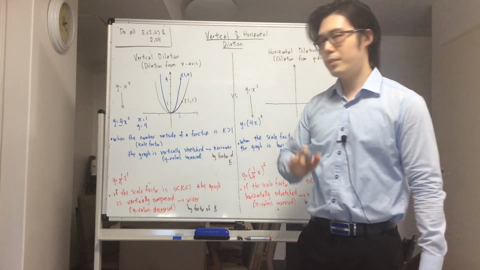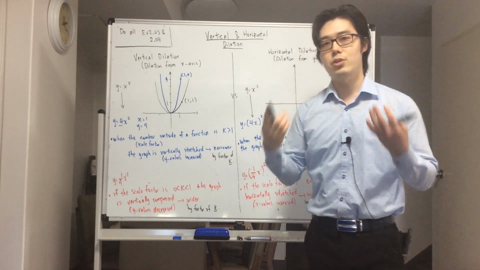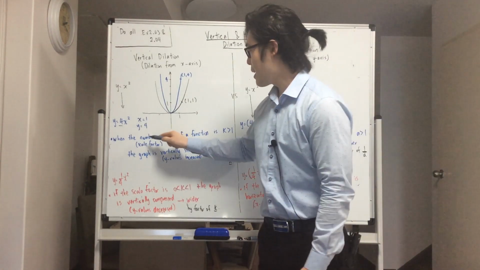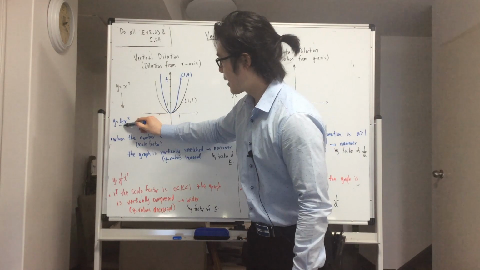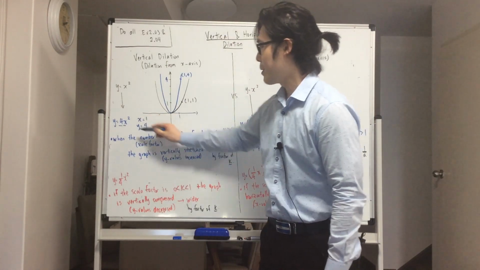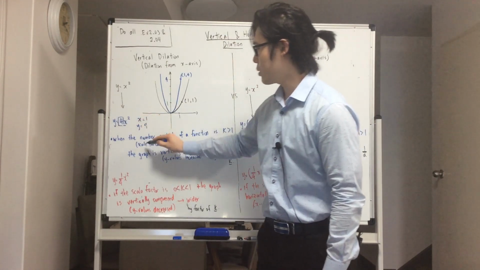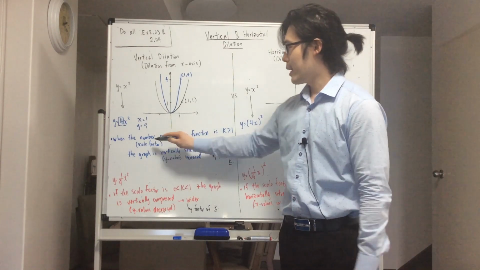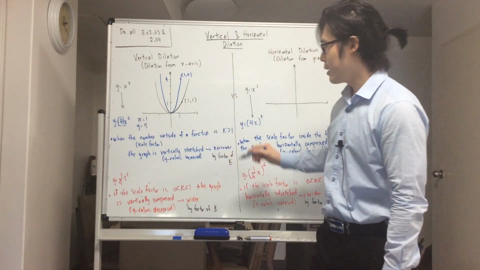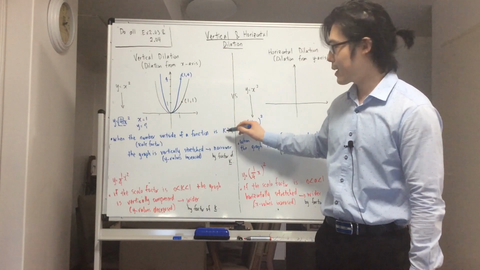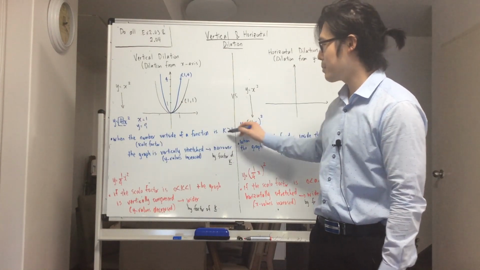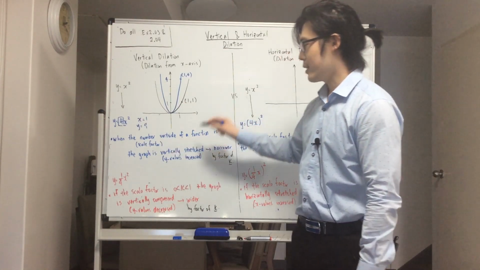So I'm just going to stop here for a second to introduce you to some new terminology. Okay? So when the number outside of a function, so in this case x squared is the function, the number outside of it, that's 4, that's called a scale factor. And if that factor, k represents the factor, is bigger than 1, the graph is vertically stretched.